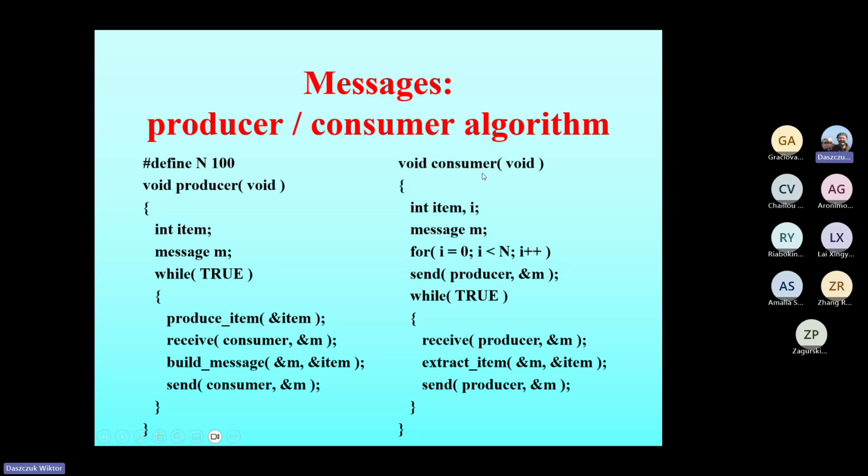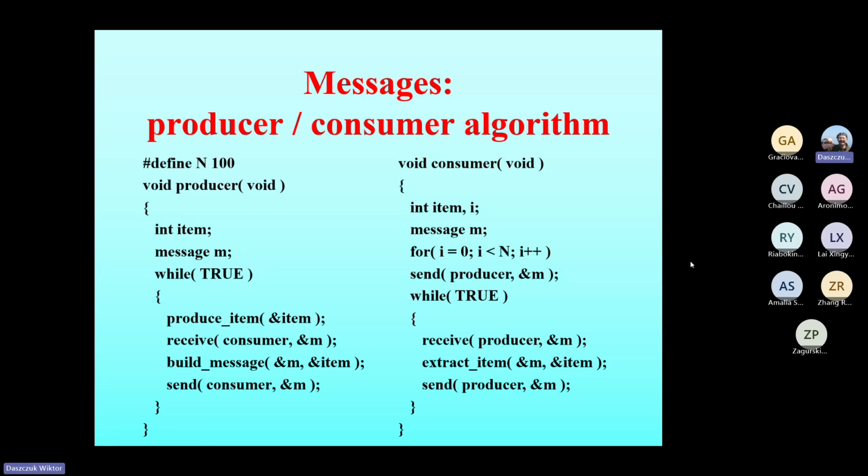On the consumer side, we have a similar item and message and a loop iterator i. And for n times, the consumer creates empty messages. They will serve as a means for creating a buffer.